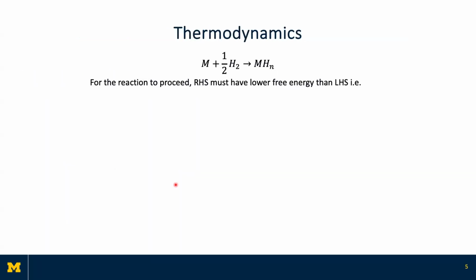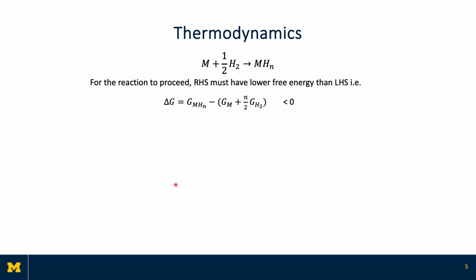Okay. Before I get into the details, I'll introduce some of the basics behind the thermodynamics and kinetics of this process with a couple of examples. Suppose you have a metal, and you want to load some amount of hydrogen into that metal. For this reaction to proceed, the right-hand side must have a lower free energy than the left-hand side. The combined metal hydride has to be more stable than metal plus hydrogen.